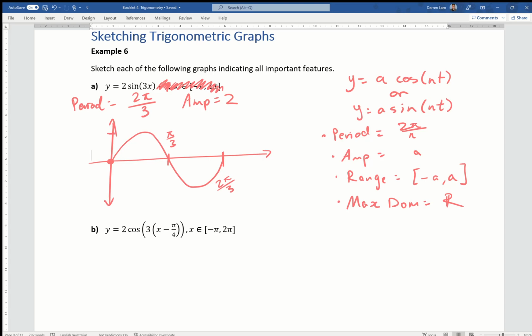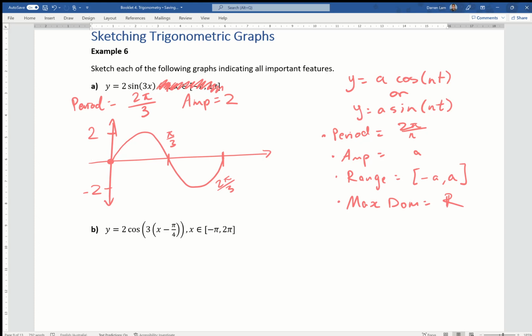What's the very top? 2. And the bottom one's going to be negative 2 as well. Great, you're done. If you have a very specific domain, for example 0 to 2 pi, just keep drawing this graph until you get to 2 pi. If you don't know exactly where 2 pi is and it doesn't fit nicely in, substitute 2 pi into your equation and see what you get. That's how you find your endpoint, graph it, done.